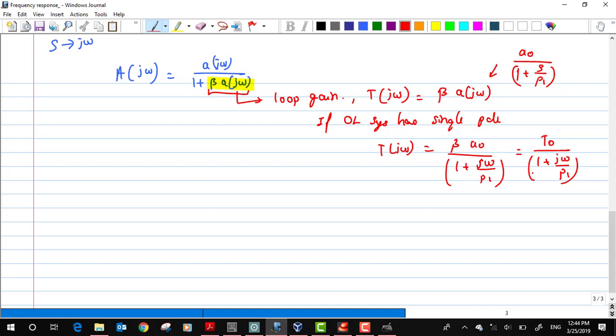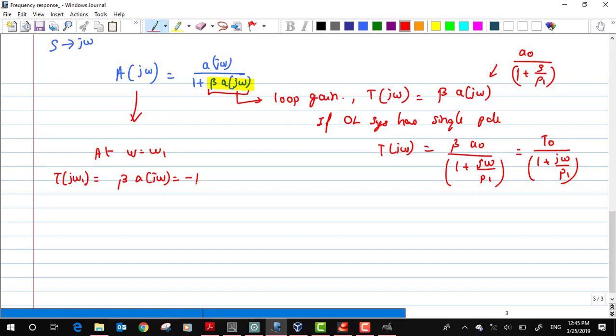So let us assume that at a particular frequency, omega equals omega 1, the product of beta times A of j omega seems to be closer to the value of negative 1.